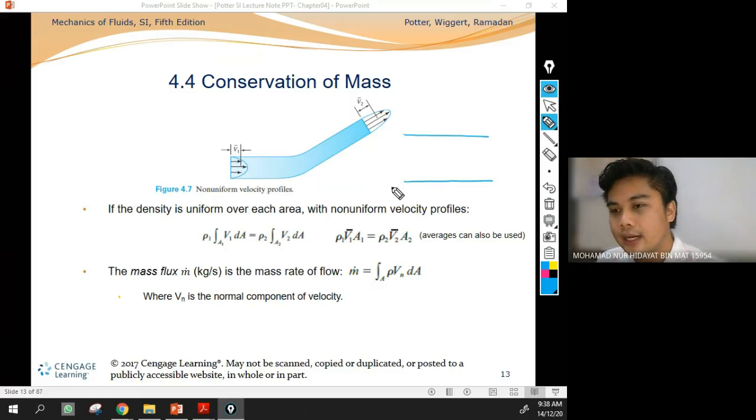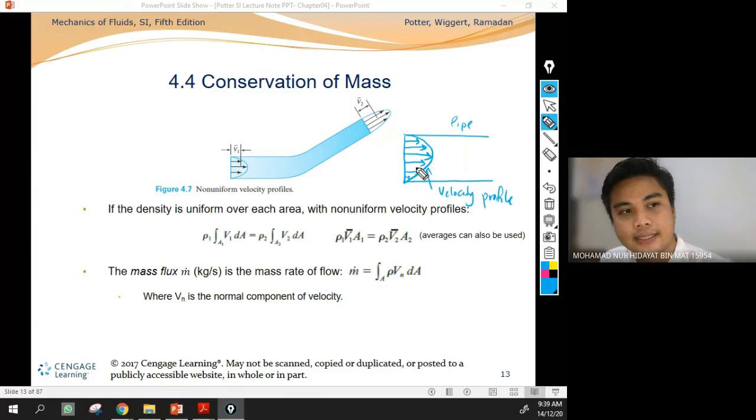Due to the wall shear stress, the friction of the wall, the flow is non-uniform. Right? This is the velocity profile. This is the normal case in our daily life. The flow in the pipe will be like this. This is the velocity profile.